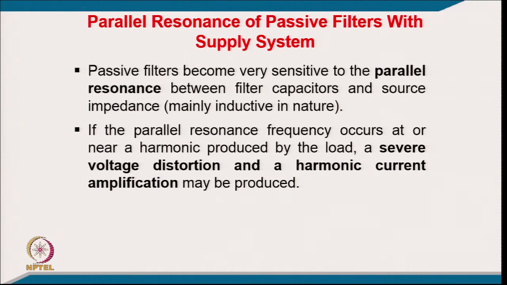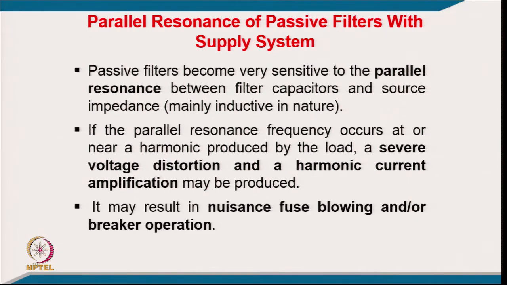Passive filters become very sensitive to the parallel resonance between the capacitors of the passive filter and the source impedance, which is mainly inductive in nature. If the parallel resonance frequency occurs at or near a harmonic produced by the load, severe voltage distortion and harmonic current amplification may be produced, and it may result in nuisance fuse blowing and breaker operation.